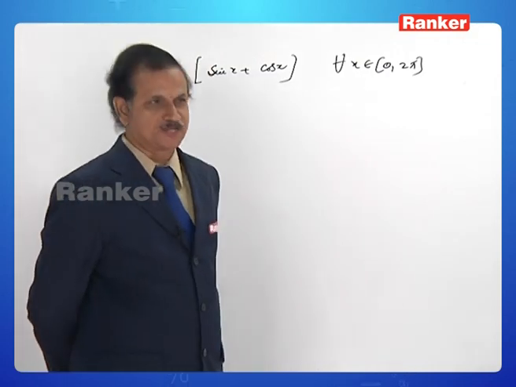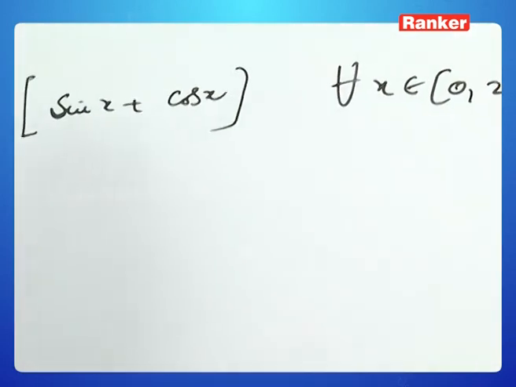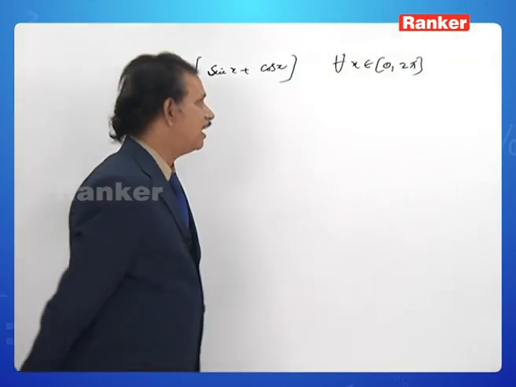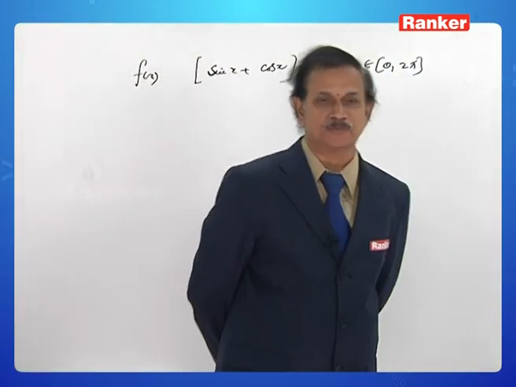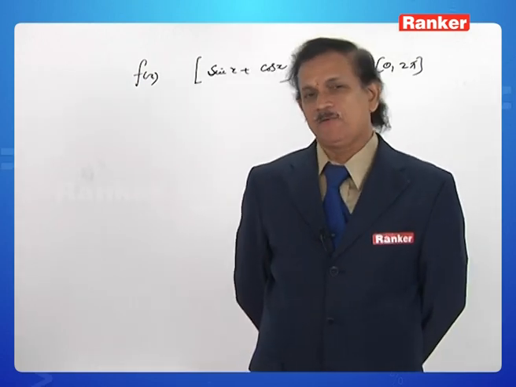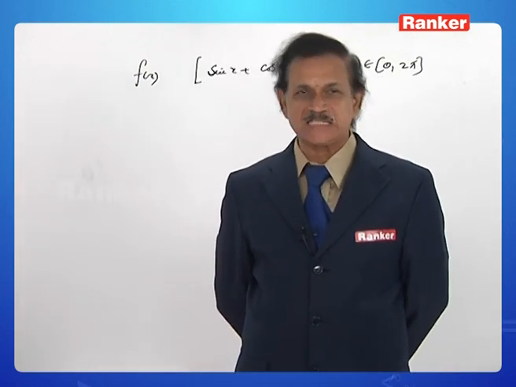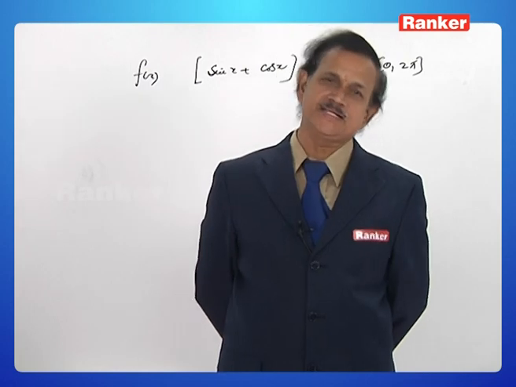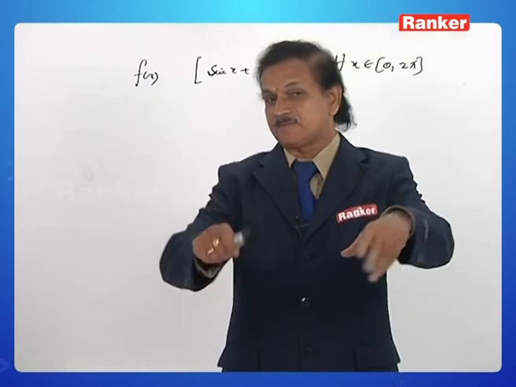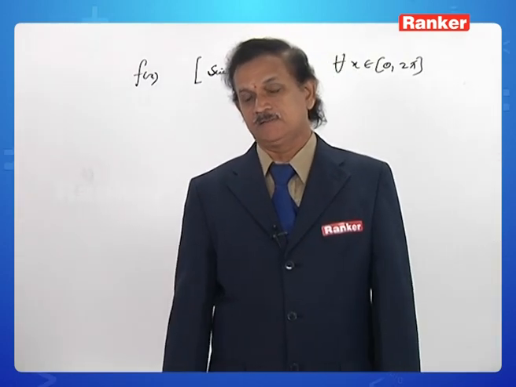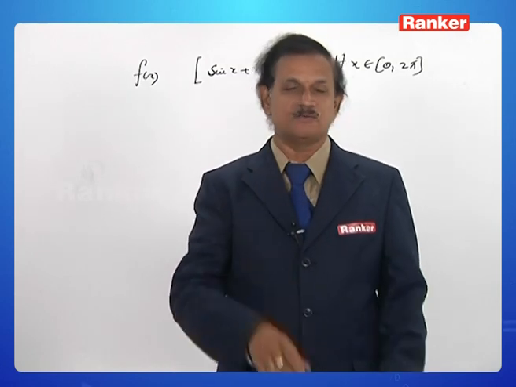consider the famous function f of x equal to integral part of sin x plus cos x for all x belongs to the closed interval 0 to 2 pi. If you remember, we discussed the same problem in continuity to find the points of discontinuity. We noticed that there are 6 points of discontinuity.